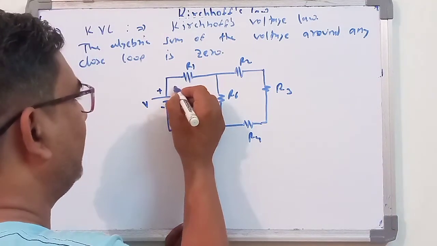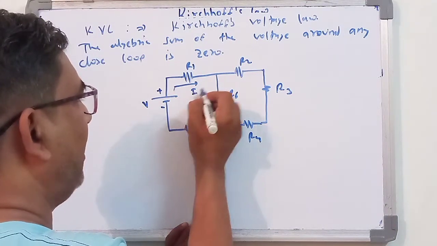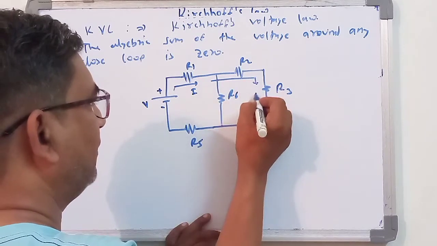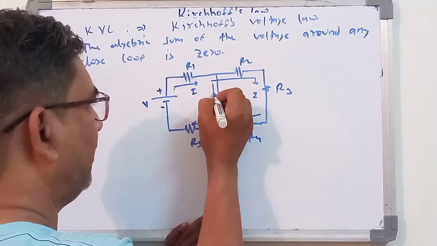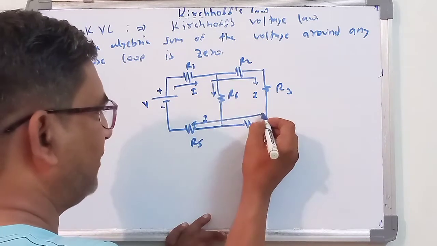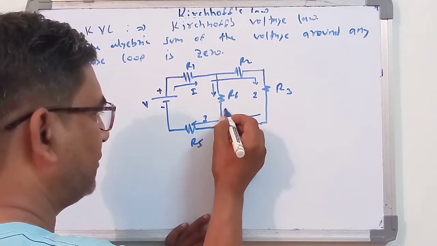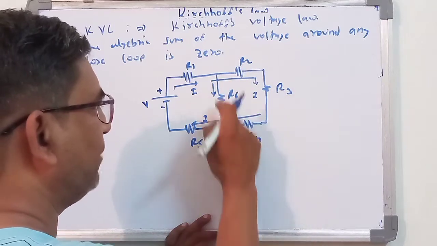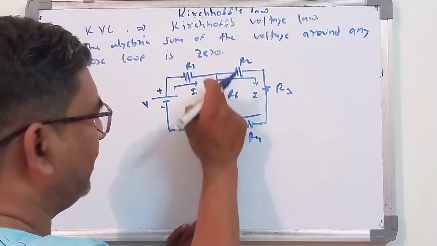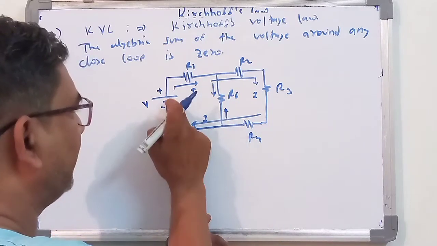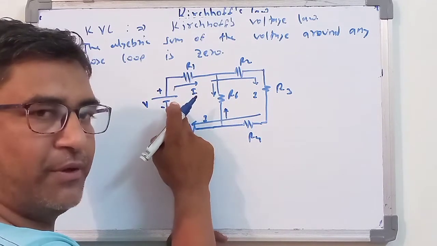So just mark here the current I, the current I, the current I. Some part of the current will flow from this one, and some part of the current will flow from this particular value when this loop is added. Okay, so here the reverse value will flow, and it will be considered as the negative voltage.